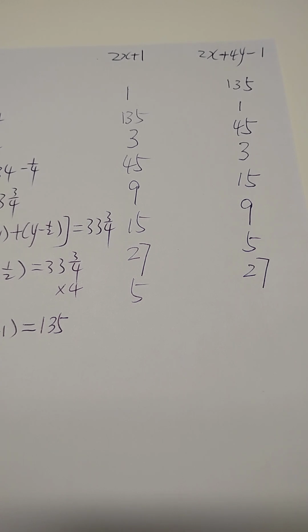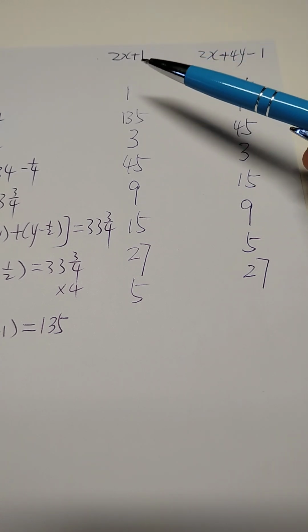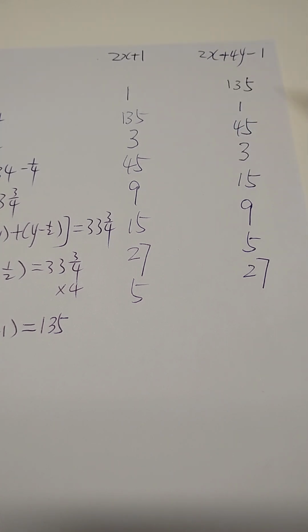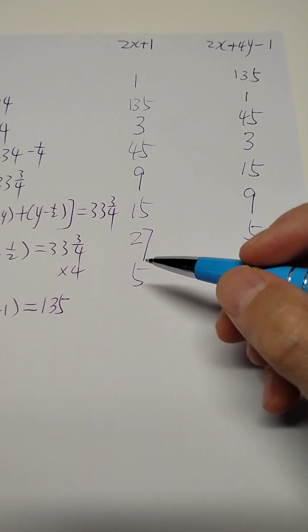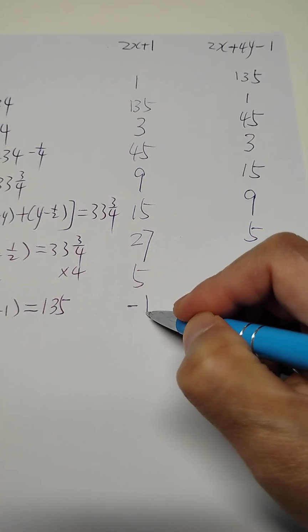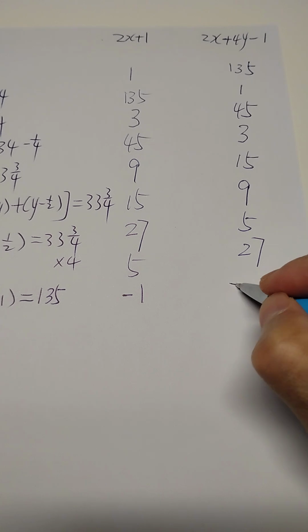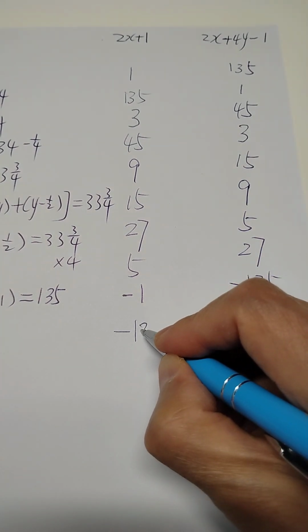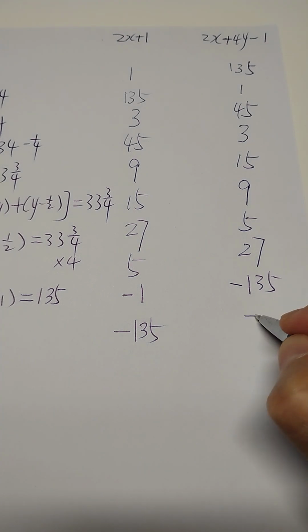However, that is not all, because 2x plus 1 could be minus 1, and then the other part should be minus 135. If it is minus 135, then the other is minus 1.